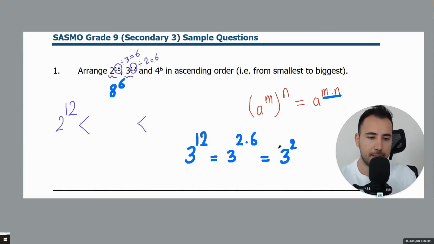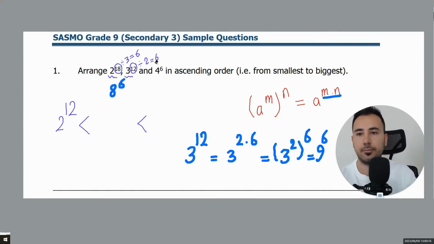I'm going to write it this way. 3 to the power of 2 is 9. So this number, the second one, is 9 to the power of 6.